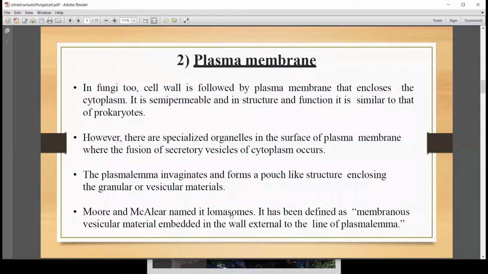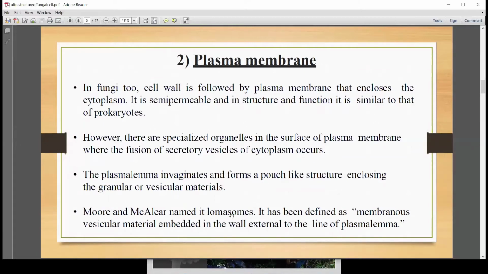Next one is the plasma membrane. In fungi too, the cell wall is followed by the plasma membrane that encloses the cytoplasm. It is semi-permeable and its structure and function is similar to that of prokaryotes. Semi-permeable means it allows some types of molecules to pass and does not allow other types of molecules to pass.